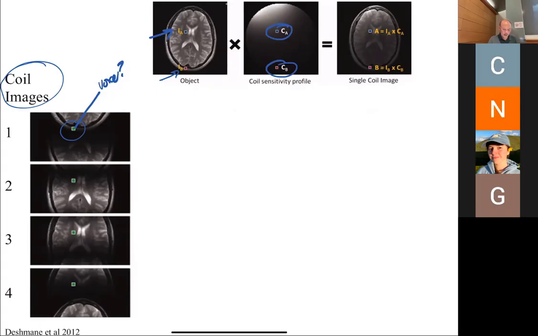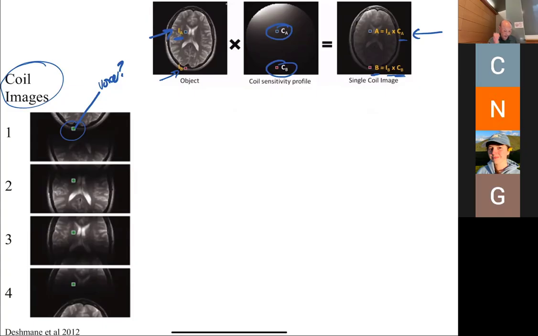So if I look at a single coil image here, ideally I would have the intensity of that voxel times its coil sensitivity pattern, and here I would have the intensity of this one times its coil sensitivity pattern.